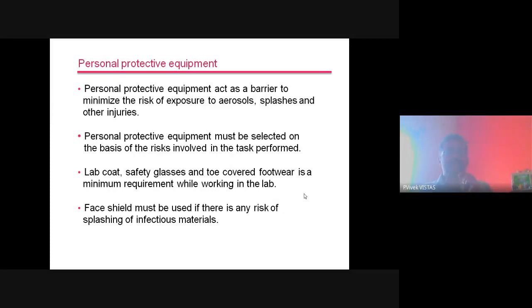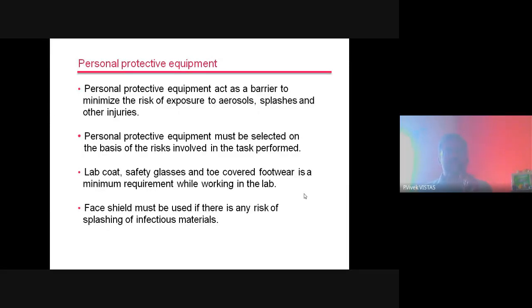Then personal protective equipment acts as a barrier to minimize the risk of exposure to aerosols, splashes and other injuries. It must be selected on the basis of the risk involved in the task performed. We select the personal protective equipment based on the kind of experiments we are going to do.